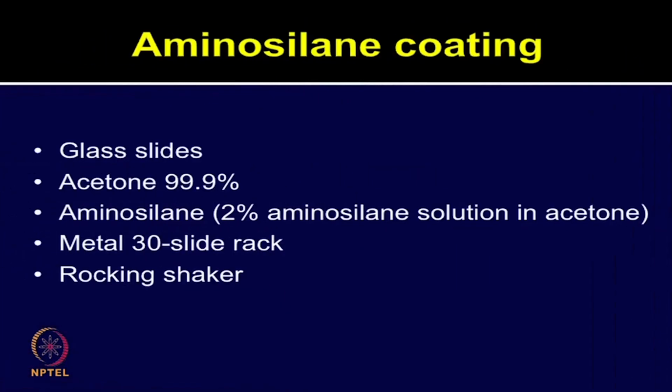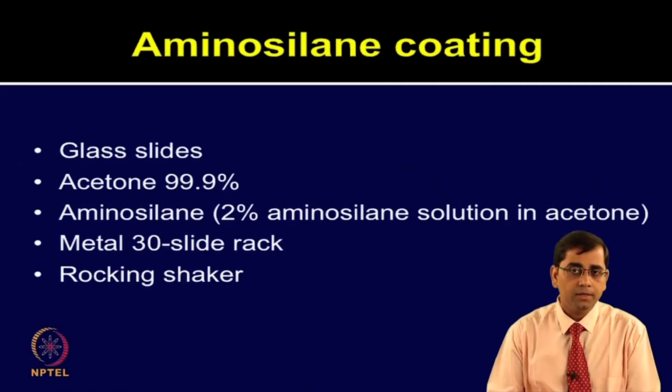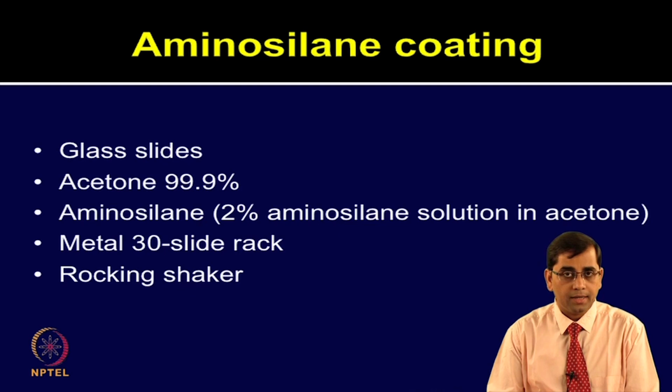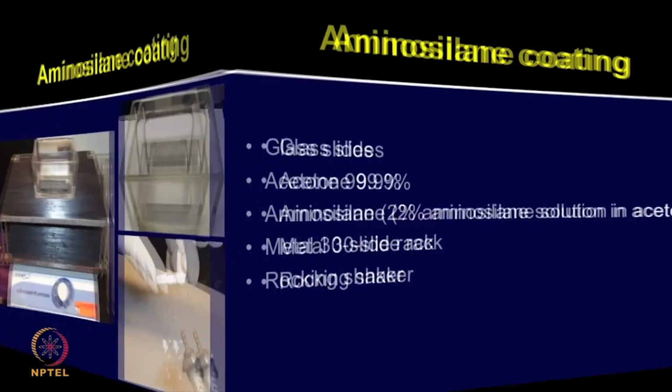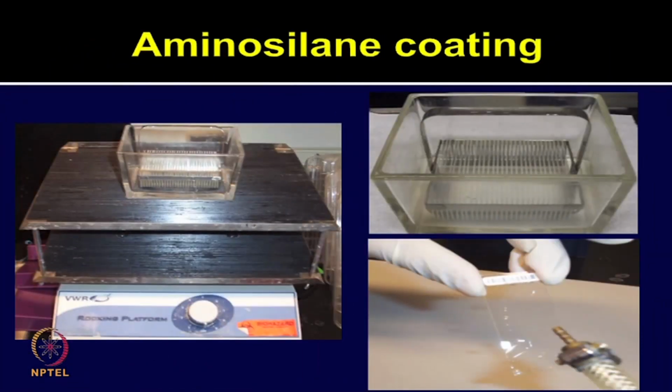For performing aminosilane coating, one needs glass slides, acetone, and aminosilane. Using a 2% aminosilane solution in acetone works best. Then you need a metal slide rack and a rocking shaker. In this slide, various steps involved in performing aminosilane coating are mentioned.